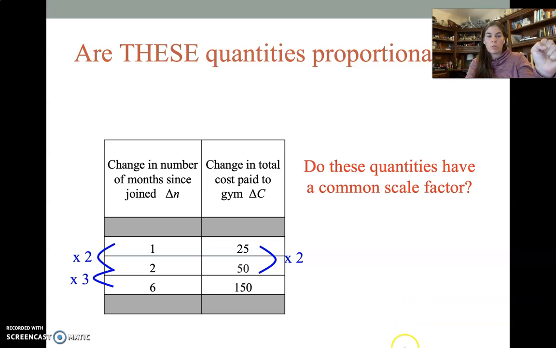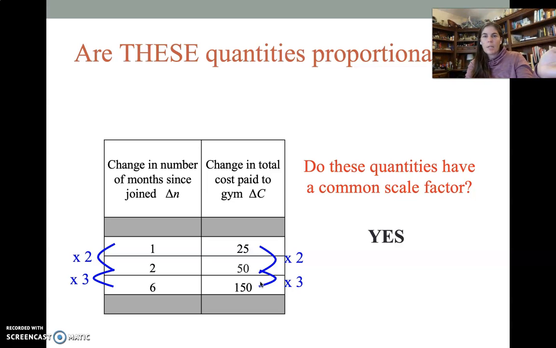If I went from 2 to 6, we can see that if I've been at the gym from 2 months to 6 months, that's 3 times as long. So if I take 50 and multiply by 3, will I get 150? And I say yes. So they have the constant scale factor between them.